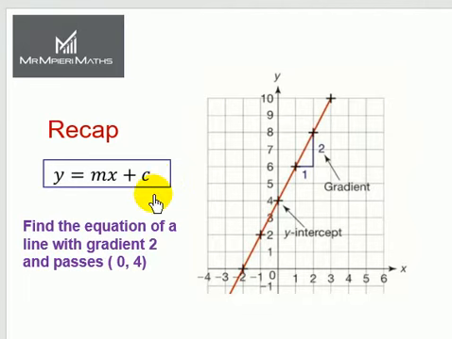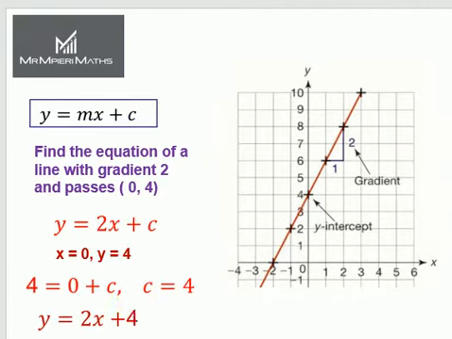Let's look at it in a little more detail. Because we got the gradient 2, remember the equation of a straight line: y equals mx plus c. Always remember this. Where we see m, we put 2 because m is the gradient.